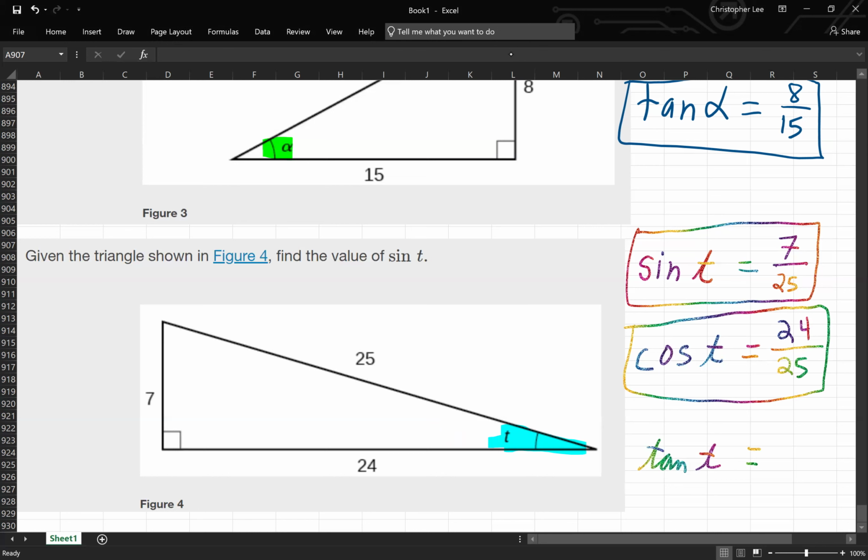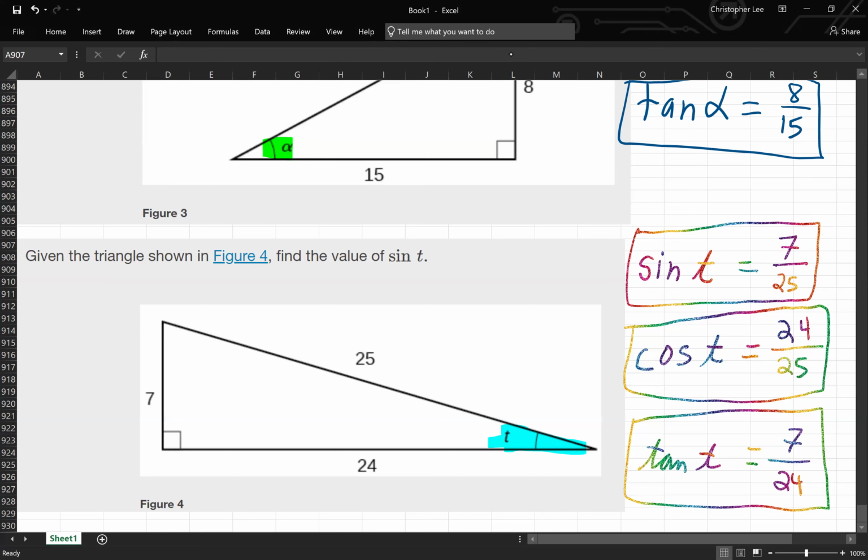Tan is going to be opposite over adjacent. So my opposite over my adjacent. And that's it. I'm done. Are there any questions on this? Anybody? This makes sense? No questions. Awesome.